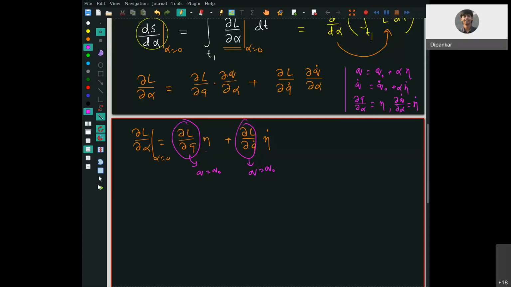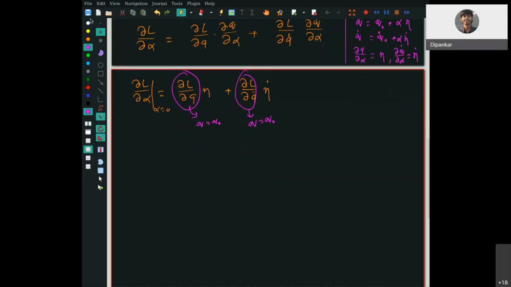So now you plug this into the integral, inside the integration structure, from t1 to t2. So ∂L/∂α, which you have just evaluated, is ∂L/∂q eta plus ∂L/∂q dot eta dot.